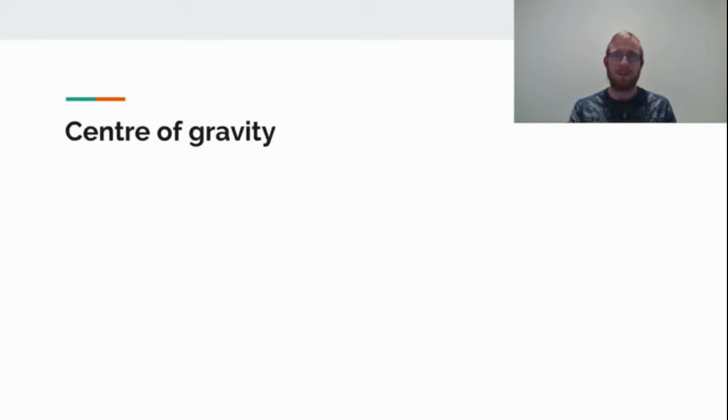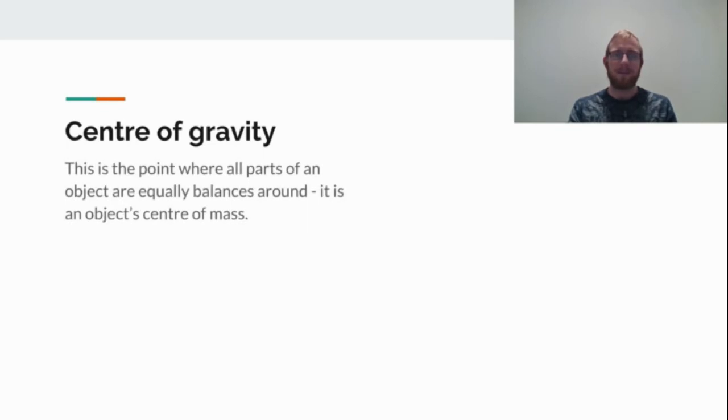Next, center of gravity. This is the point within an object or sometimes outside an object where all parts of the object are equally balanced around. It is an object's center of mass. If you can imagine picking up an object at a single point and you picked it up, it wouldn't spin, it would be perfectly balanced in all ways if you could pick it up by that point.